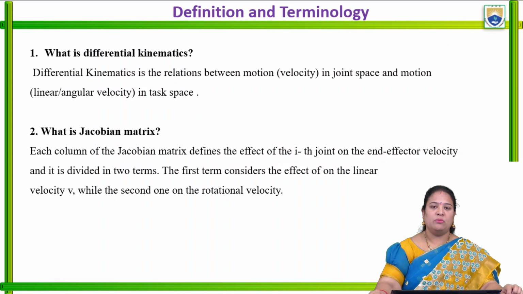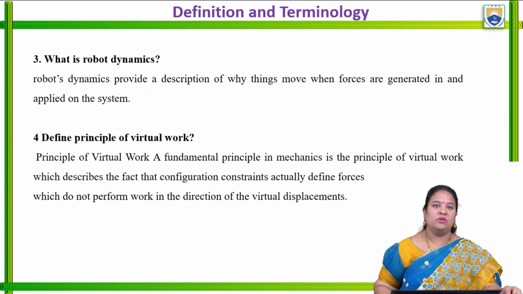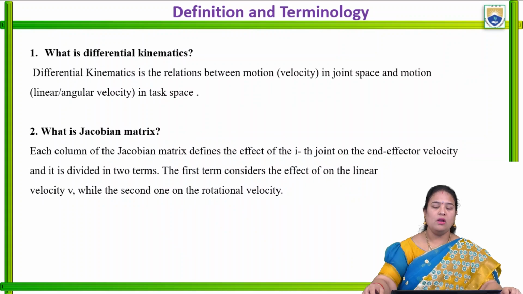Since it is the dynamic motion concept, we will be studying differential kinematics, the different Jacobian matrices, robot dynamics, etc. Firstly, let us see what we mean by differential kinematics.